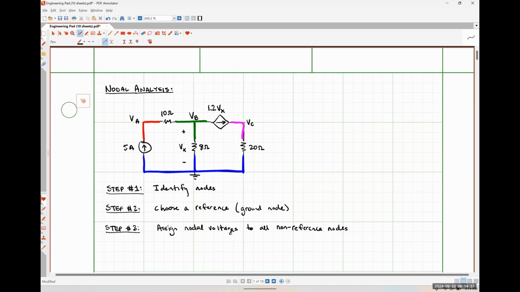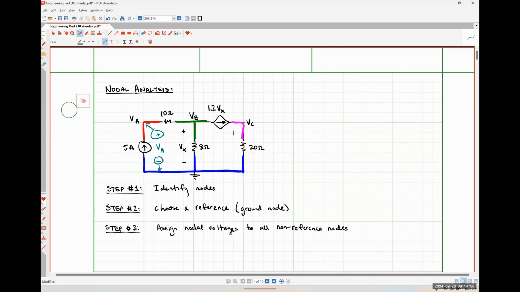So really, VA is just the exact same thing as the voltage drop across this current source, because the current source is between the red node and the blue node. So the positive polarity terminal is at node A, and the negative polarity terminal is at ground.